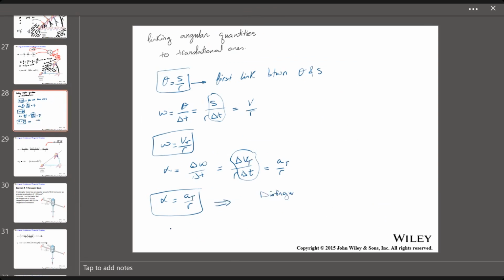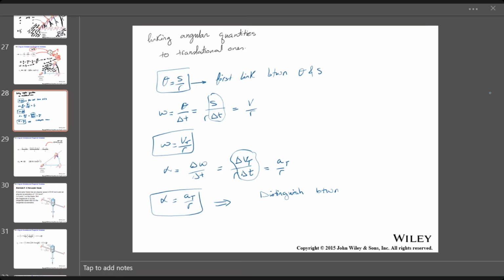Now, a tangential and a centripetal, where I'll now define a tangential to be alpha times r or delta v over delta t.